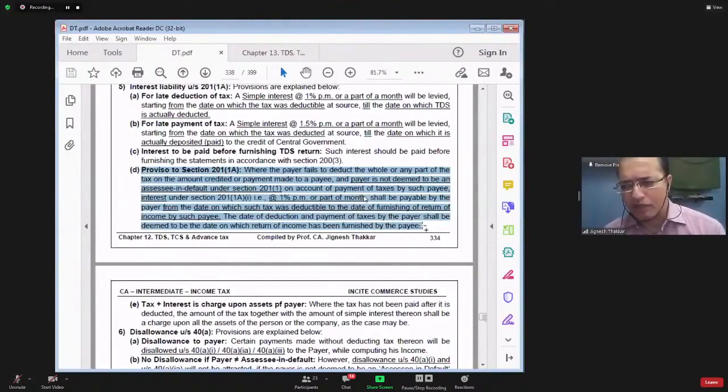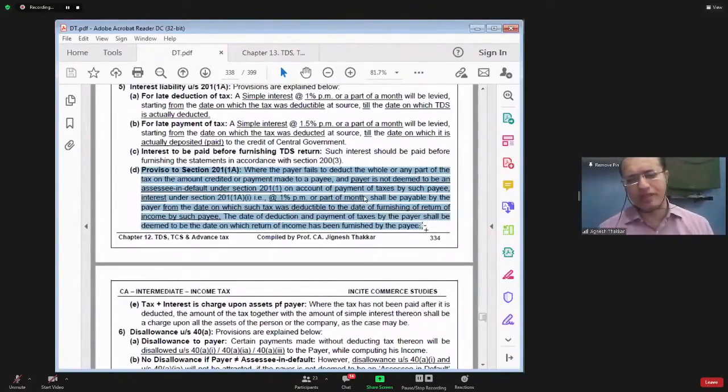Percentage should be applied on the amount of TDS, because TDS amount was required to be paid to the government. So percentage is required to be applied on the amount of TDS. Is that very much clear?